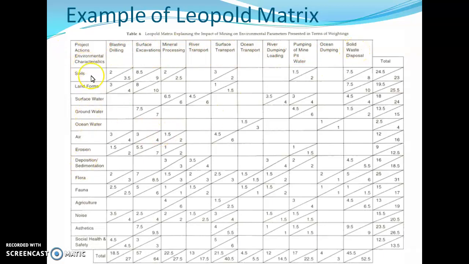And here environmental characteristics such as soils, landforms, surface water, groundwater, ocean water, air, erosion are identified and mentioned in this column. Now this region is divided by a slash line.